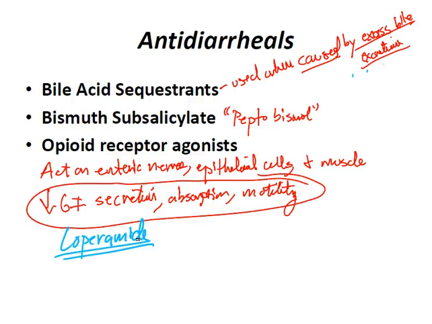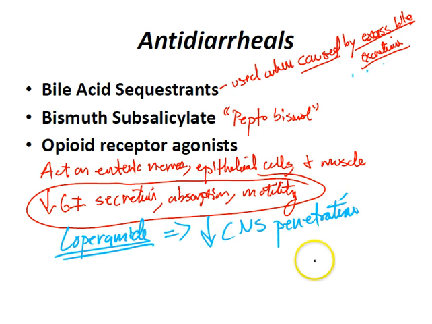If it's over the counter, it's obviously got a low volume of distribution, therefore it's got low CNS penetration, therefore you can't get high off of it. That's why the USMLE wants you to know that. That's why loperamide is used a lot of times for opioid receptor agonist, the agonistic properties in the gut. And that pretty much sums up GI pharmacology that you need to know for the USMLE.